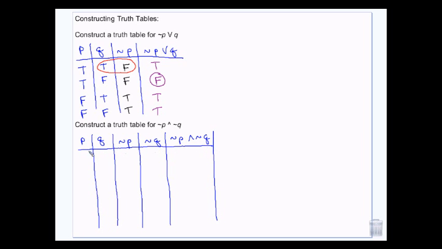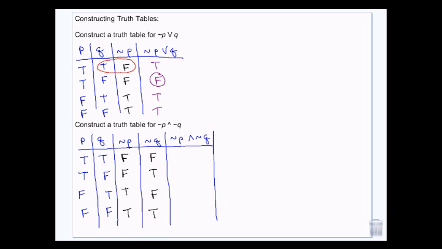So P can be true with a true Q, or true with a false Q, or false with a true Q, or false with a false Q. And then not P based off of P is the opposite, and not Q based off of Q is the opposite.